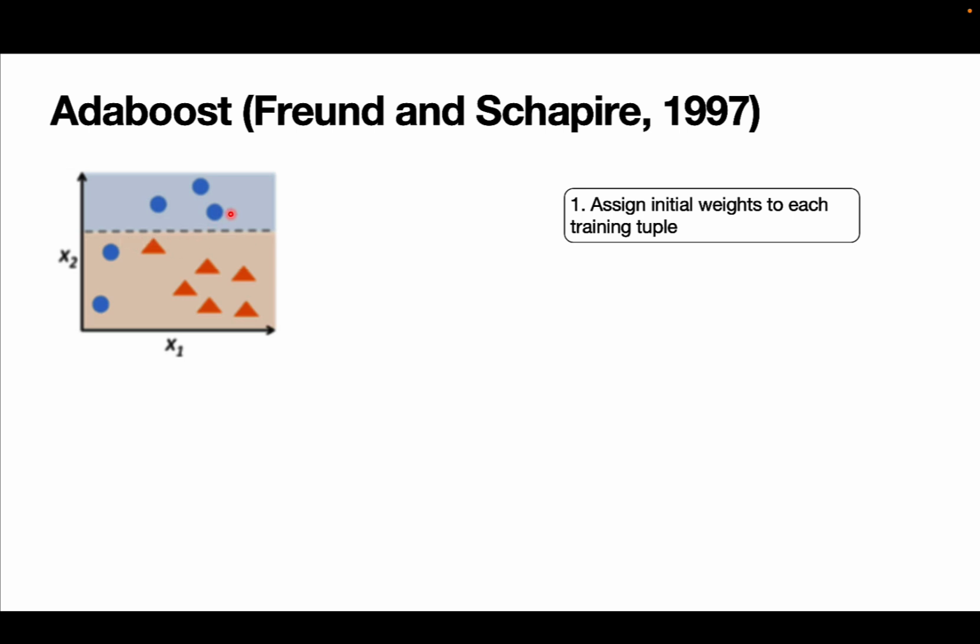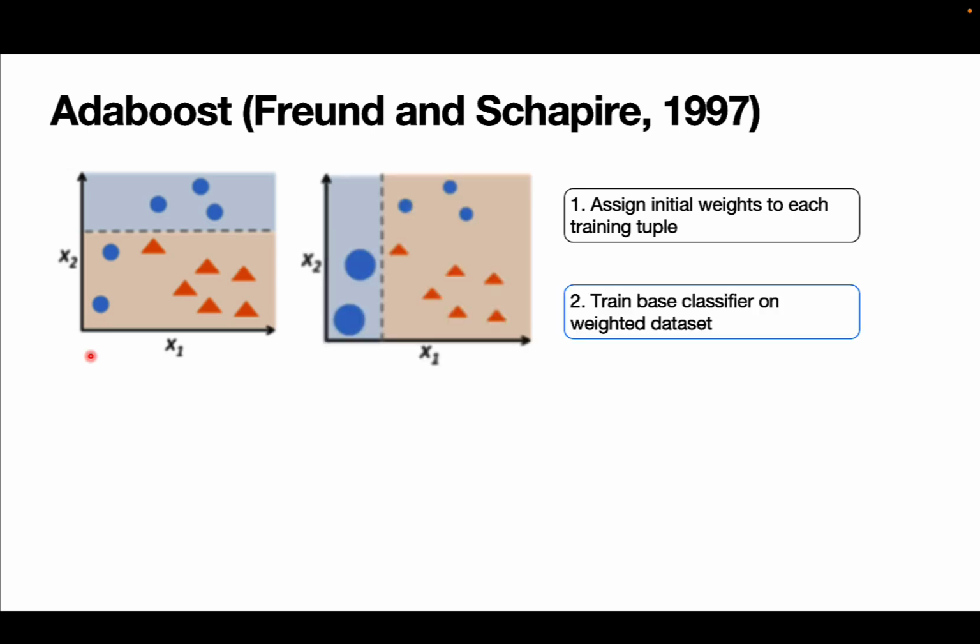As you can see, some instances were classified correctly, and some instances were misclassified. In the next iteration, the algorithm focuses on the misclassified instances by increasing their weights. So you can see those misclassified blue circles became larger, which makes the next classifier pay more attention to these examples.